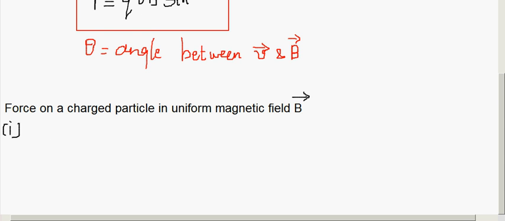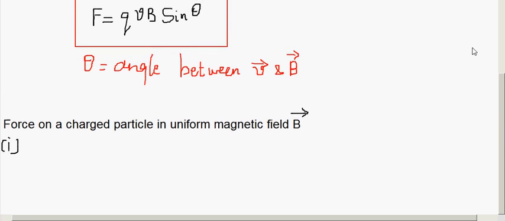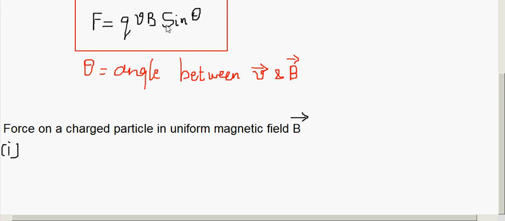First one, the force on a charged particle in uniform magnetic field B. Now if the particle is at rest, that is if V is 0, then force is 0.